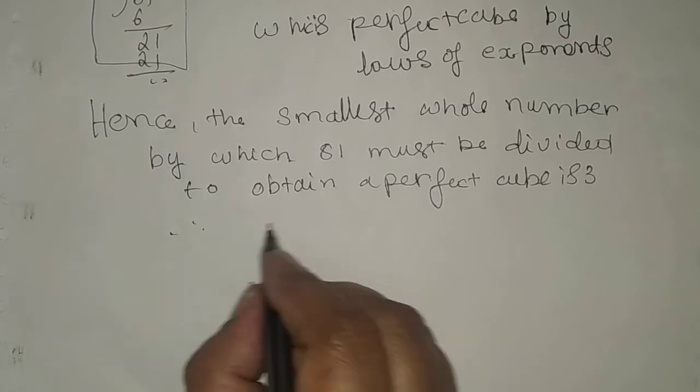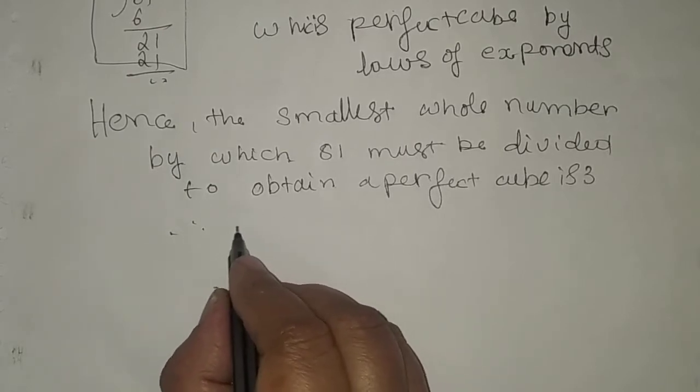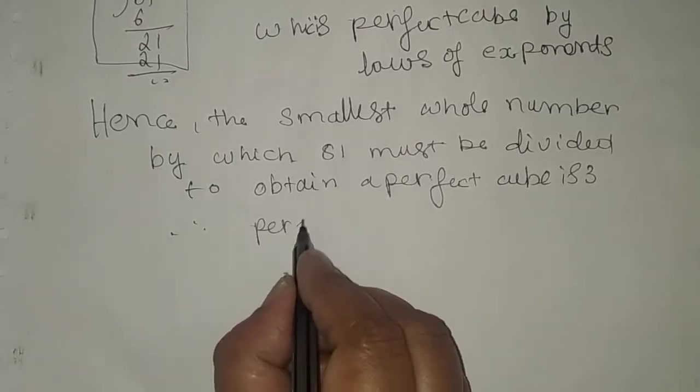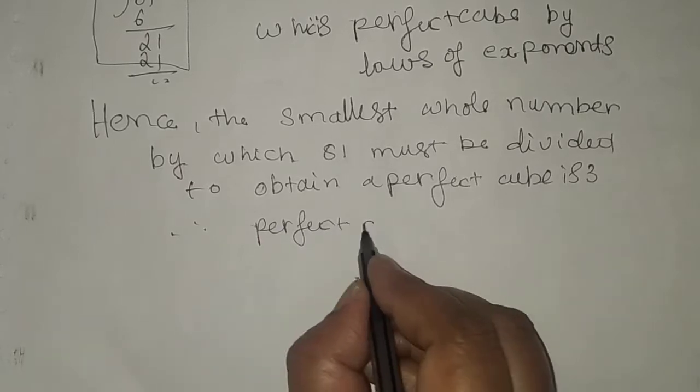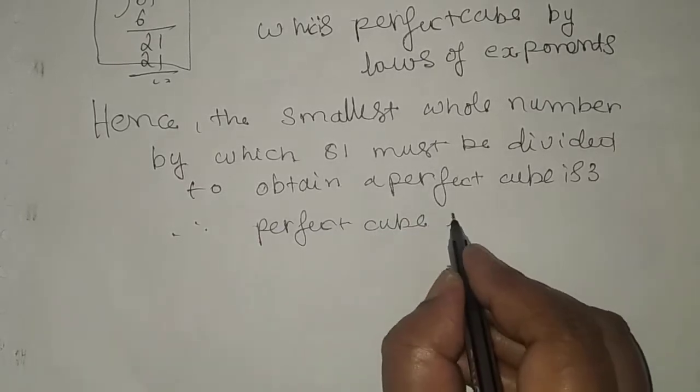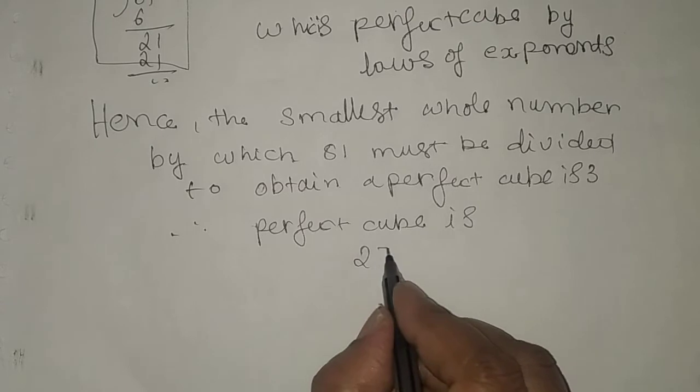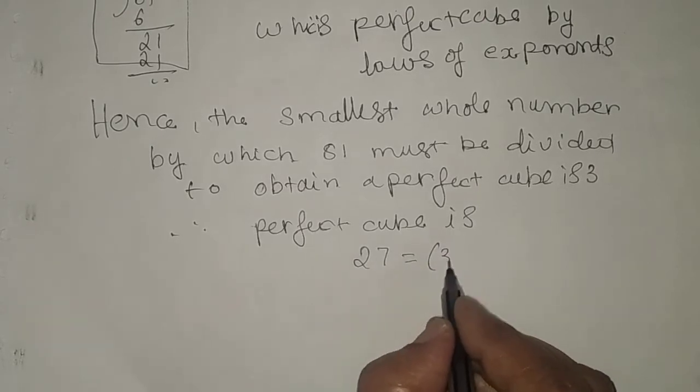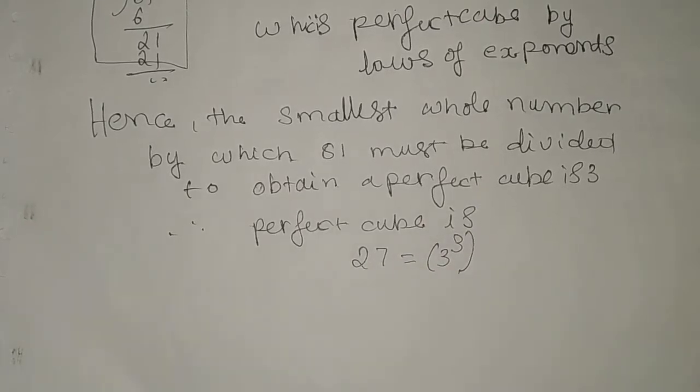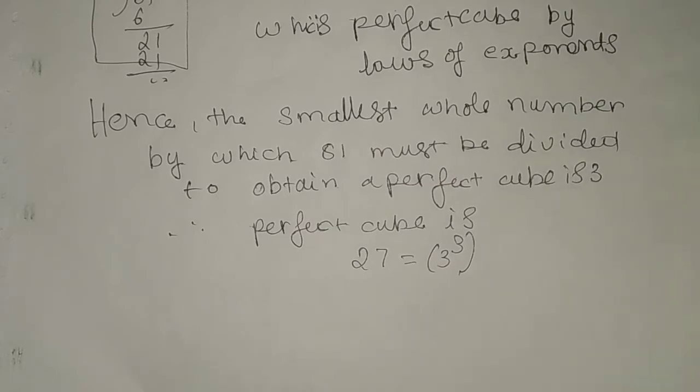Therefore the resulting perfect cube is 27, which is equal to 3 cube. This is the solution. So we should divide this number by 3.